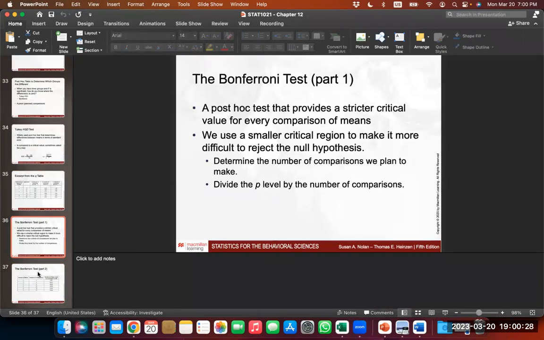The other test is the so-called Bonferroni test. That basically gives you a stricter critical value for every comparison. So you're diminishing your critical region, making the critical region smaller from 5% down to whatever the new Bonferroni corrected alpha is, which is basically dividing your alpha by the number of comparisons.